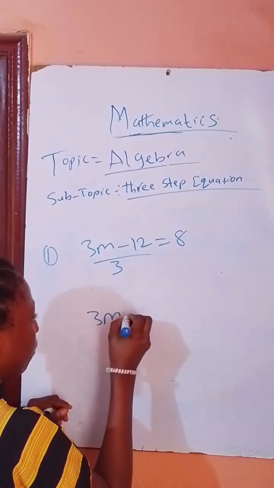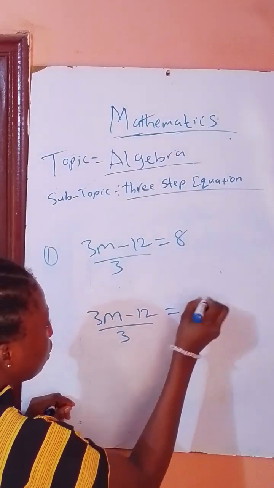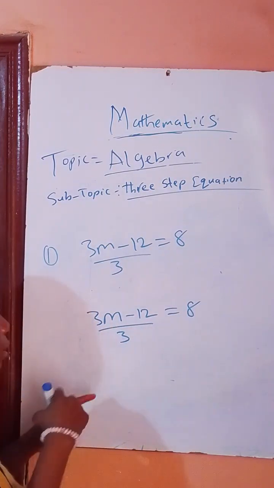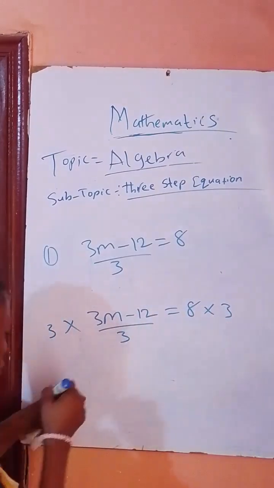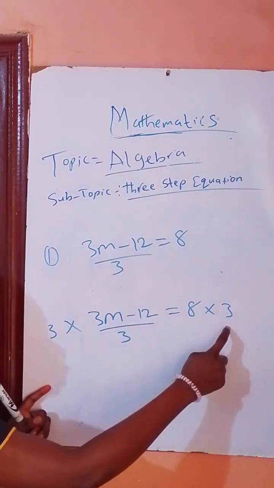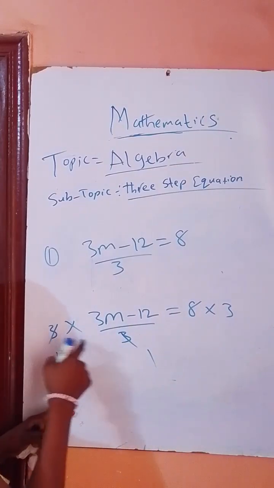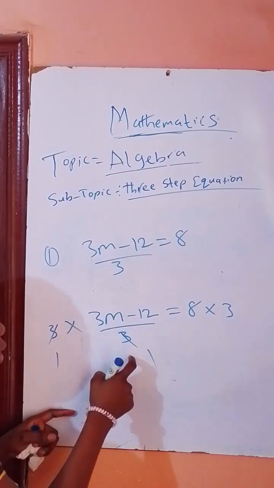3m minus 12 over 3 equals 8. The next thing we are going to do is to multiply both sides by 3. We added 3 here and 3 here, so here 1, here 1. We use this 3 to cancel this 3.